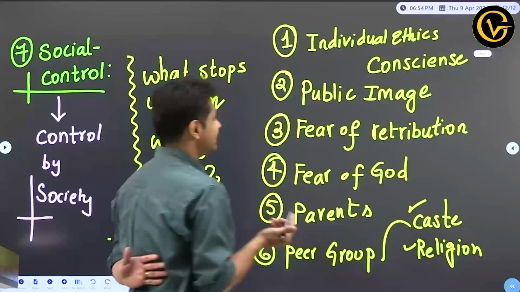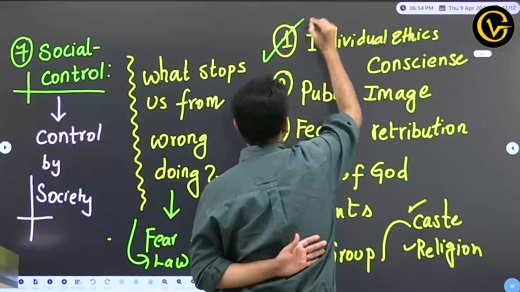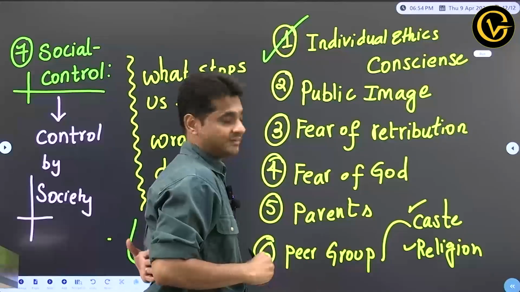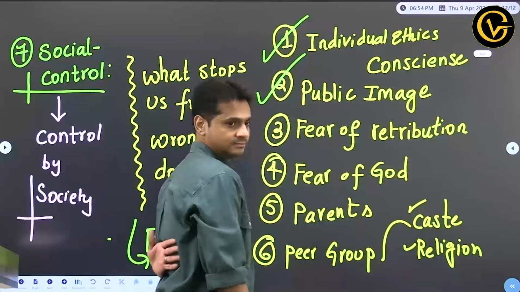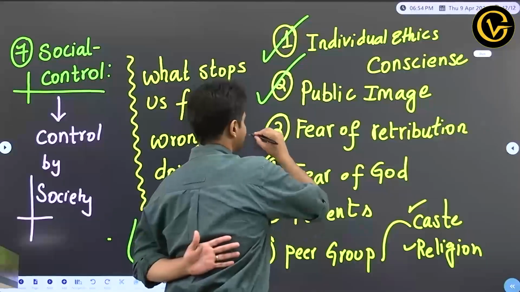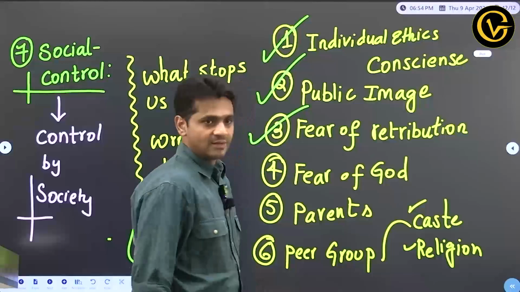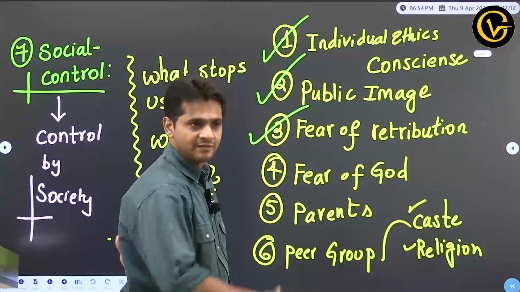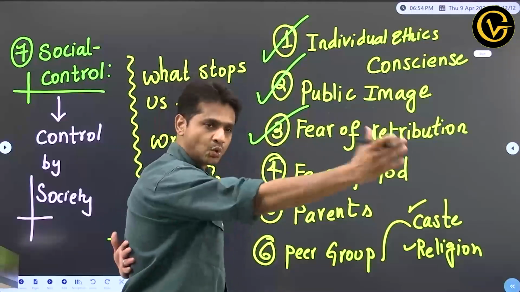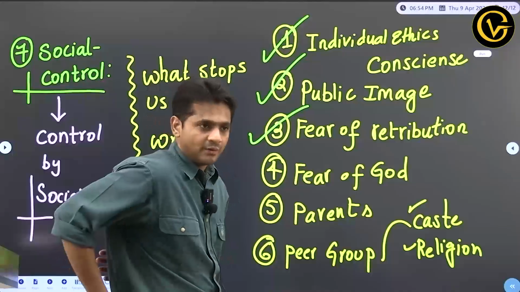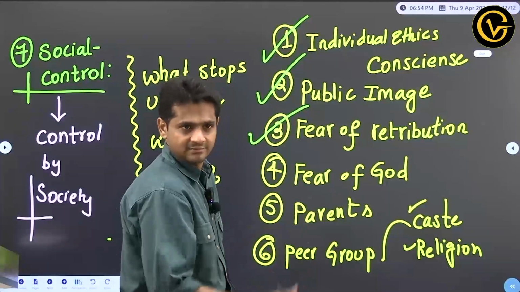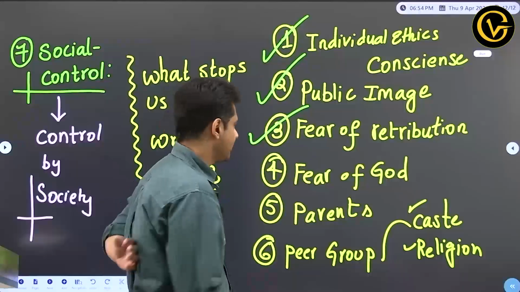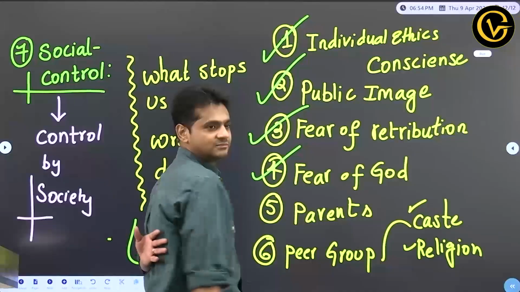Sometimes, let's say there is a possibility that an individual might not have ethics at all. There is a possibility that we don't care about our public image at all. We don't fear punishment by our neighbors or community members, even if they don't talk to you or they scold you or subtly warn you, you don't care. Then you don't believe in God at all.